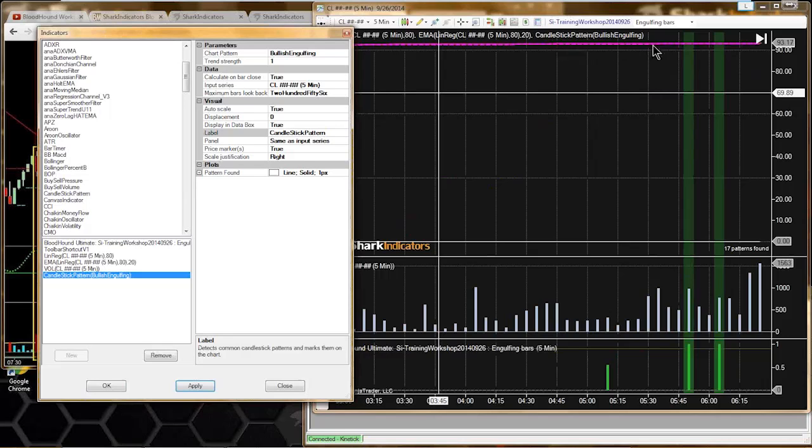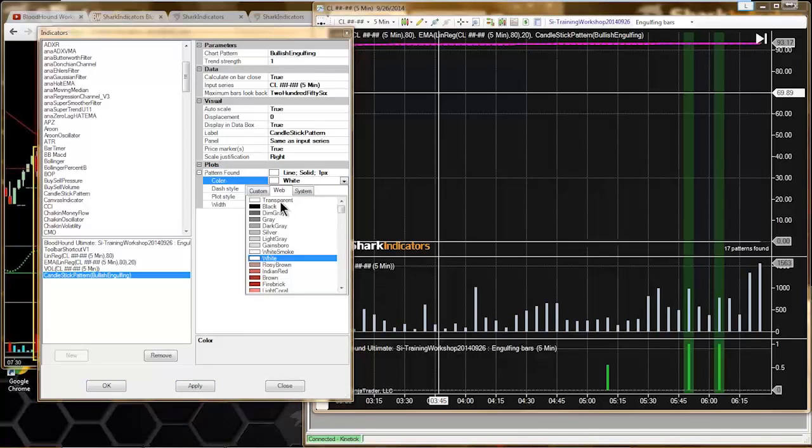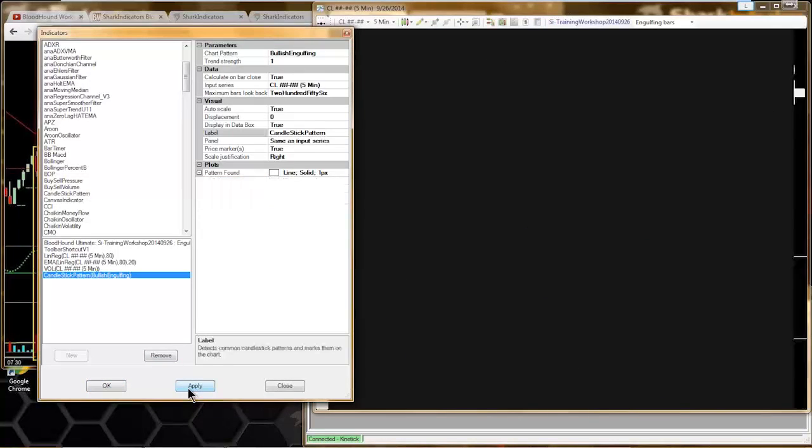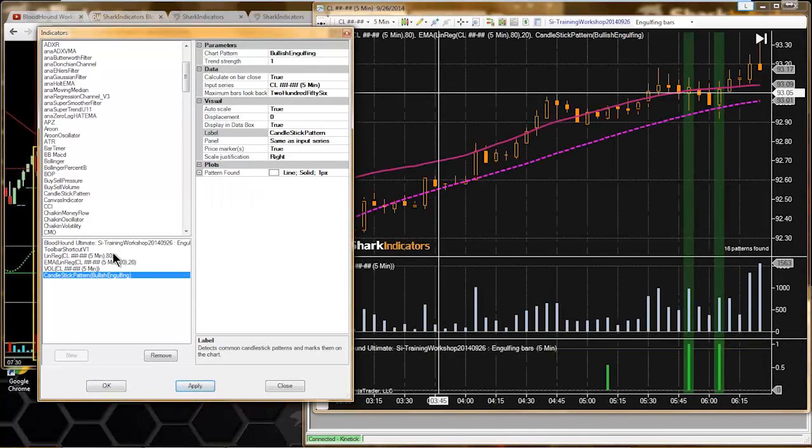Price just got shrunk all the way up here, and this white line down here is from the candlestick pattern indicator. That's this pattern found down here. So we're just going to leave this transparent, but since it has this plot, we can use this plot inside of BloodHound. Alright, so put that back to normal.